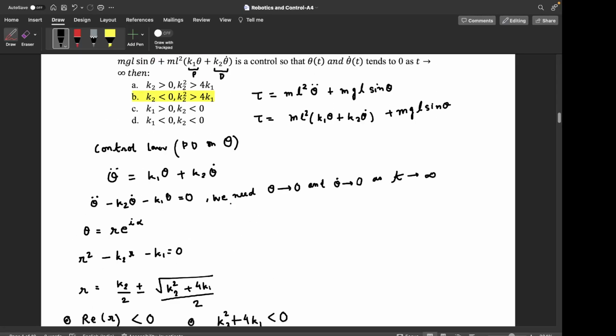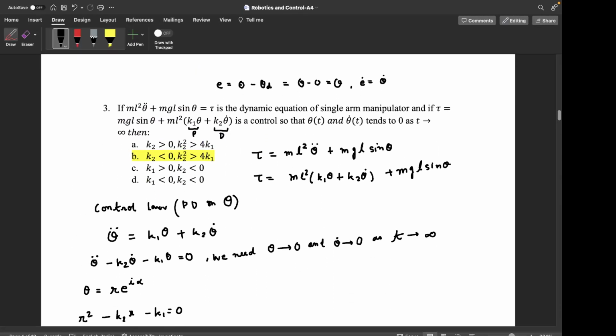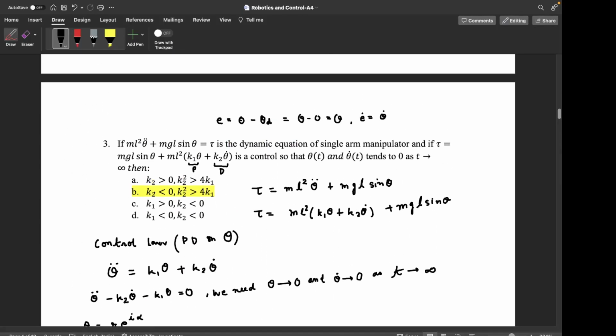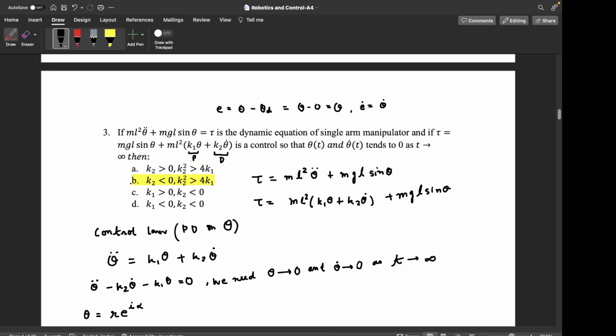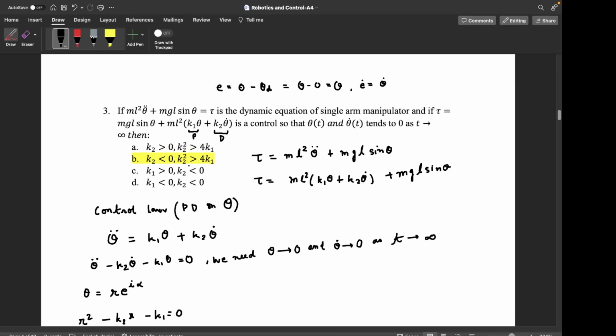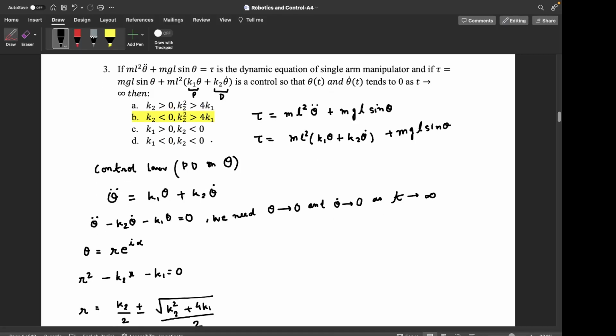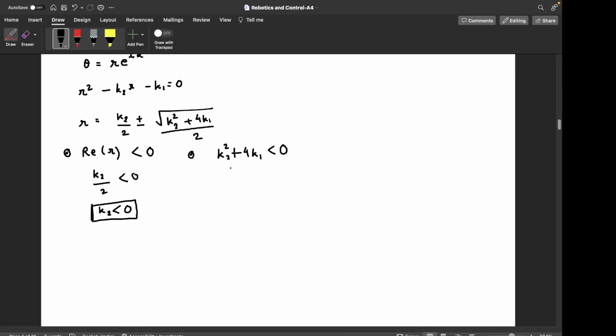Now if you check the options, k2 less than 0 straight away points us to option B, but option B also has a second condition which says k2 square is greater than 4k1, right? So what I have solved, I am getting this condition.